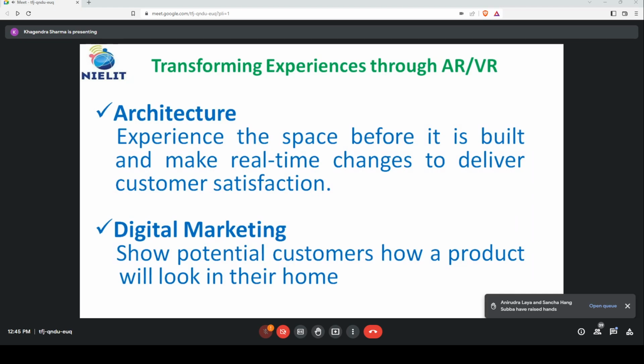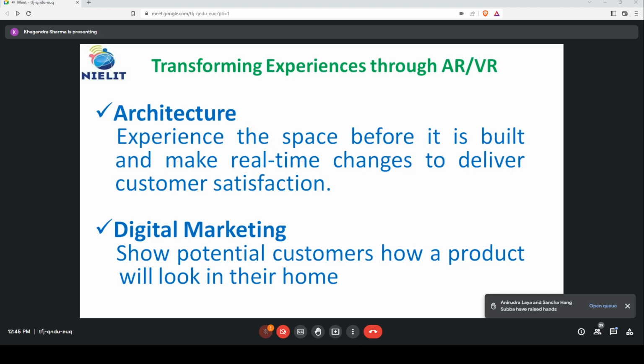Another area is digital marketing. Potential customers can see how a product will look in their home. So there was a time wherein to paint a particular wall of your house, you needed to take the paint from a shop and then try a little bit on that physical wall, and then see how it looks, right? But no, that's not the case.